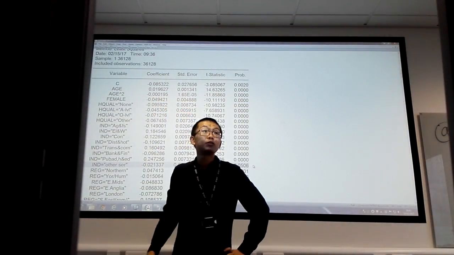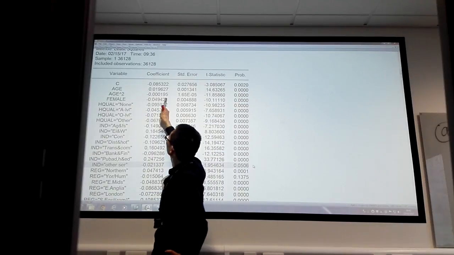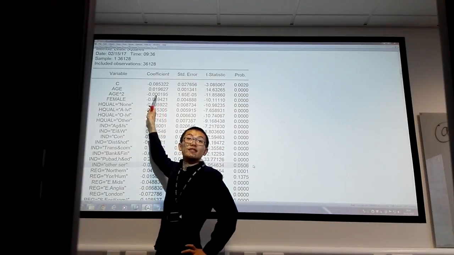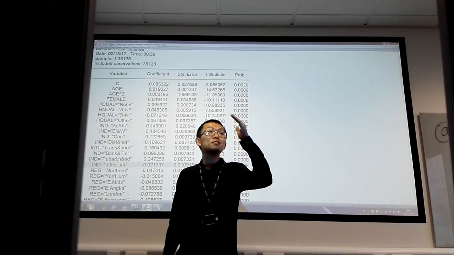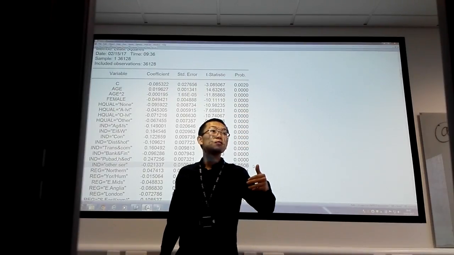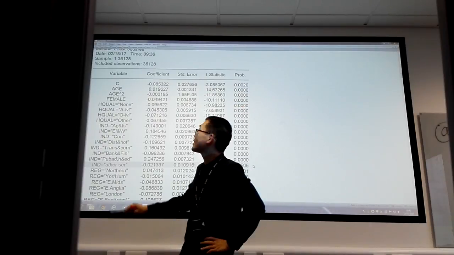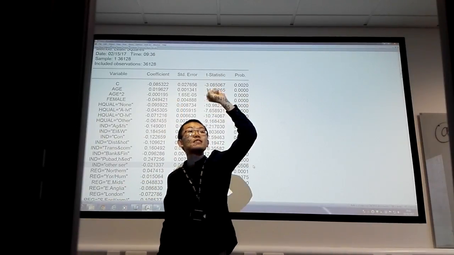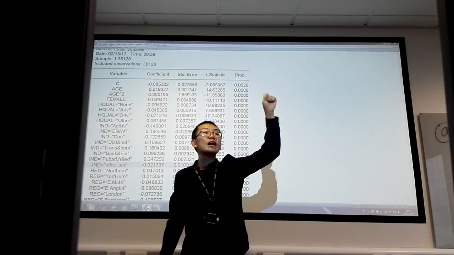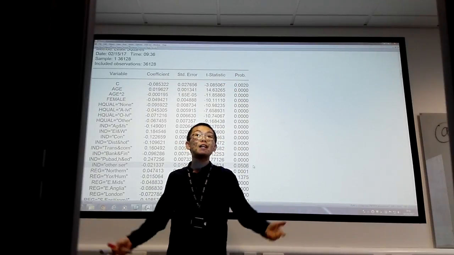We can't simply stop at that, because we have a second term, the age squared. If different individuals in our observations have different ages, the two terms combined generate a different marginal effect for every individual. So how do we evaluate that?